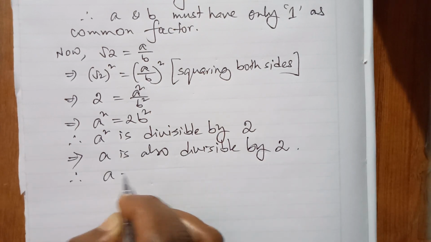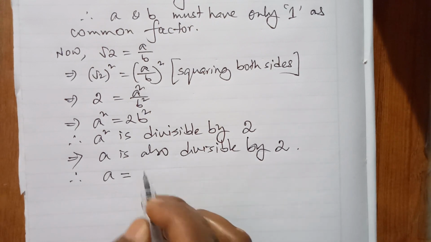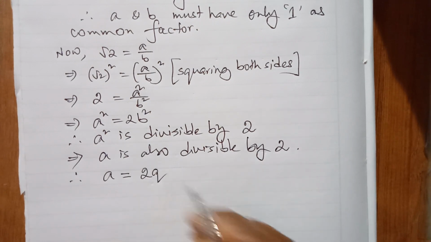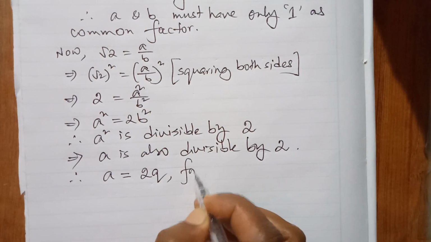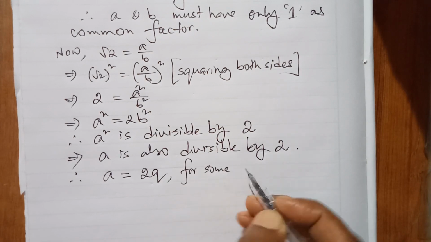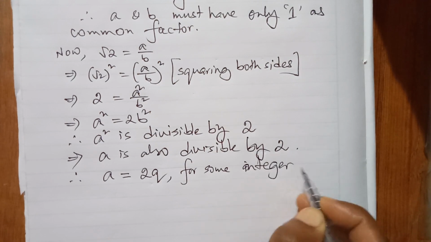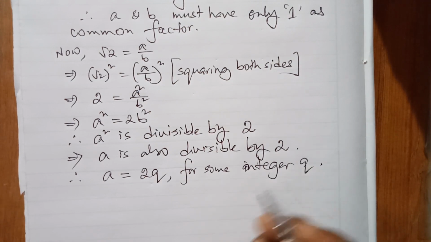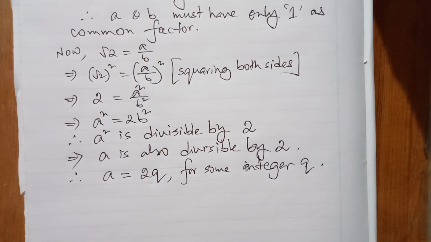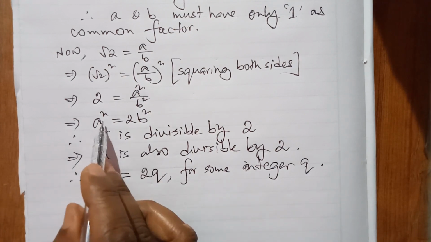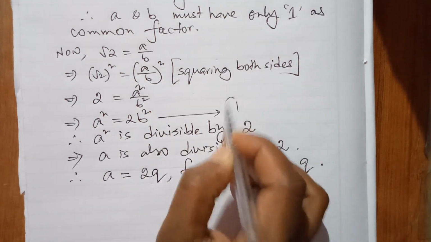Therefore a is the dividend, divisor is 2, then quotient you can take q. So write, for some integer q, a equal to twice q. Mark this equation number 1.